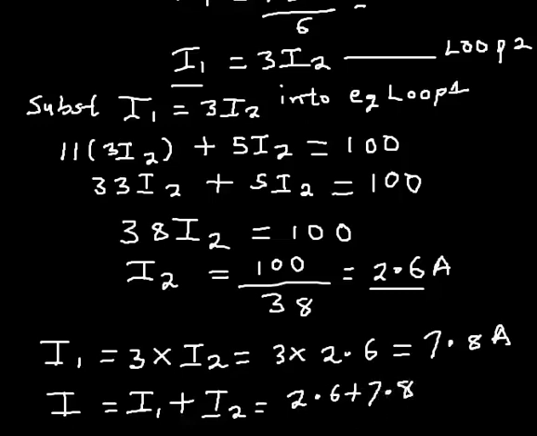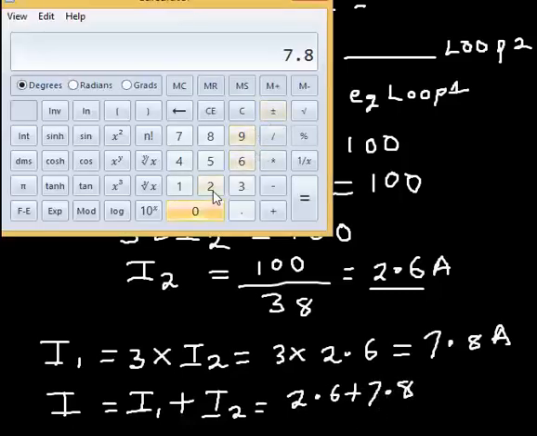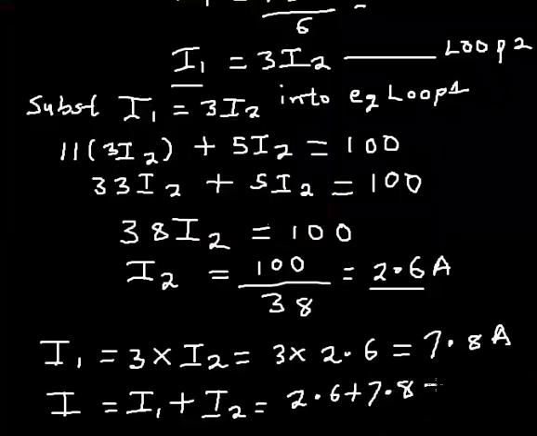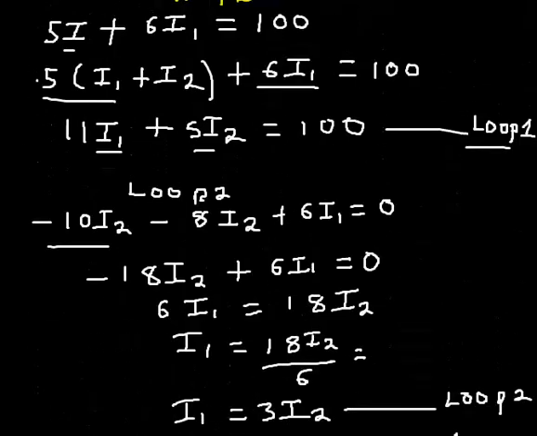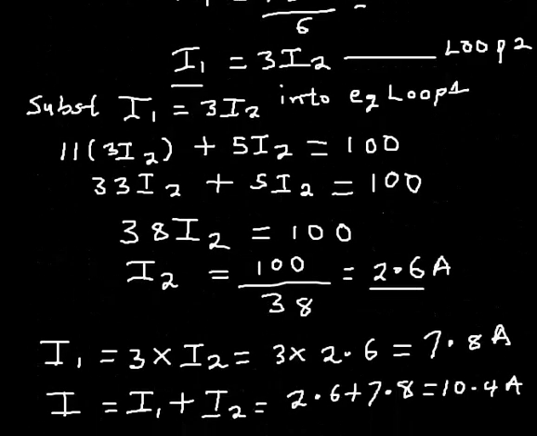Adding that together, 2.6 plus 7.8 gives 10.4. So that is Kirchhoff's law, a simple application of Kirchhoff's current law and Kirchhoff's voltage law.